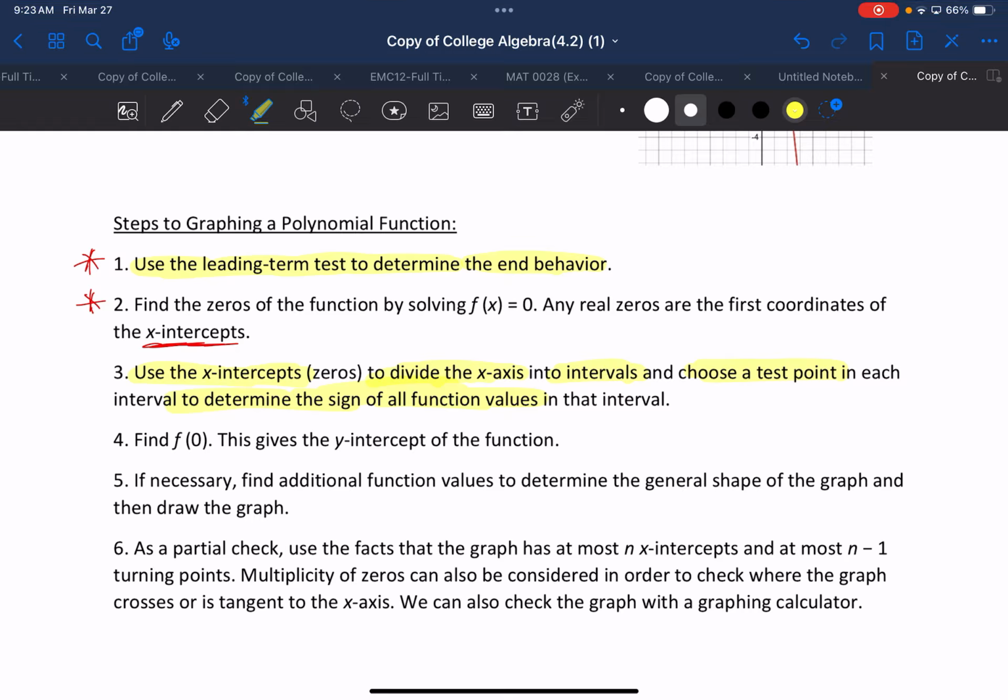We're going to talk about that. You'll definitely need to be able to do that when you're graphing by hand. But for most of the other ones, you won't even need to do number 3.